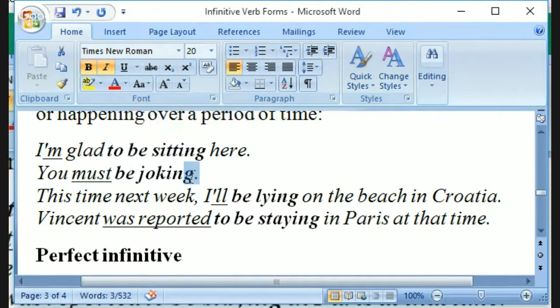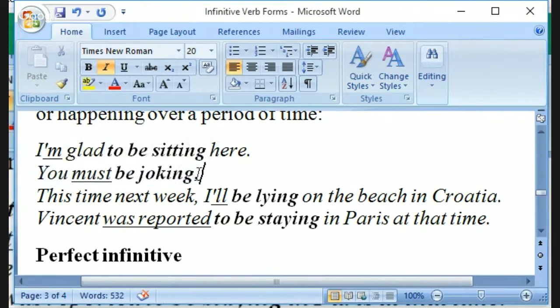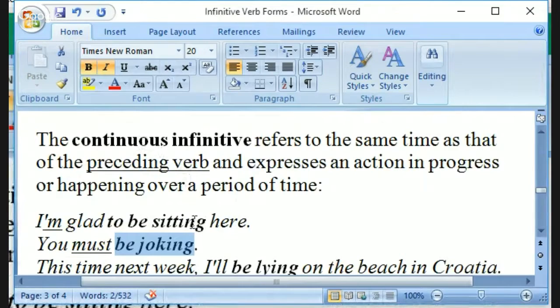You must be joking. The verb to be and the infinitive. There it is. That's the form. Either to be and the infinitive, or here we see a bare infinitive, again with the modal. You must be joking.